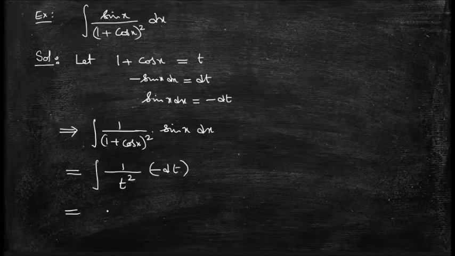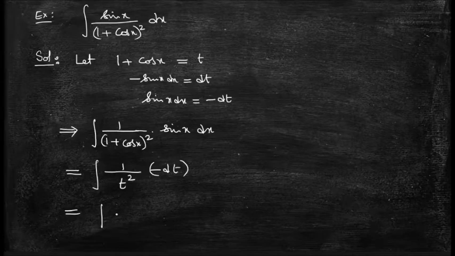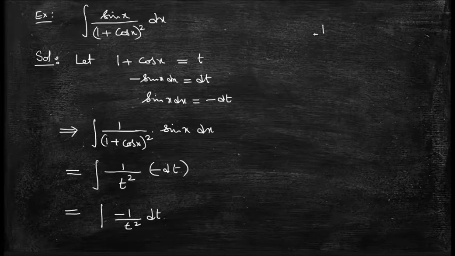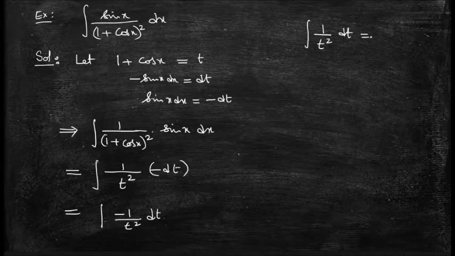So if I write properly, integration of minus 1 by t square dt. Now you know, the integration of 1 by t square is equal to minus 1 by t.